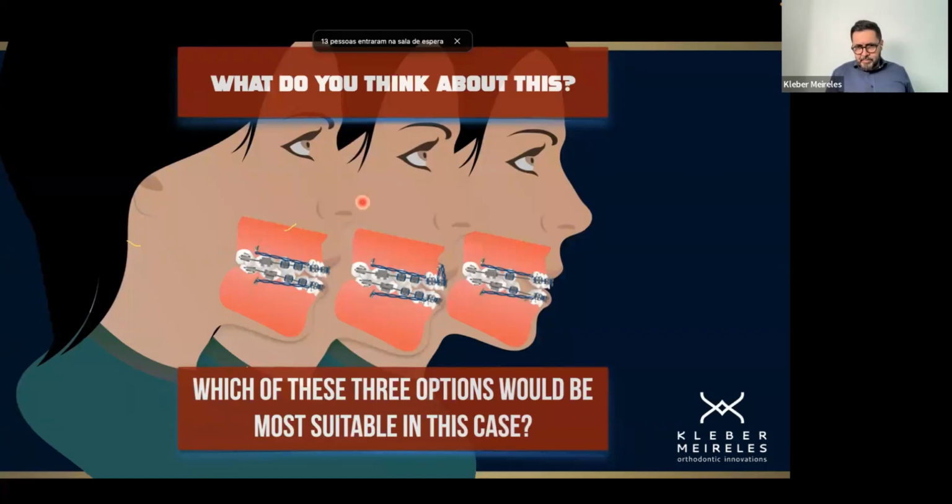Look at this. I'm trying to depict here a situation in which I have excessive display of upper anterior teeth, and I want to do the retraction. And I have an open bite in this case, and I'm doing the retraction. Look how important it is to understand what we are doing.